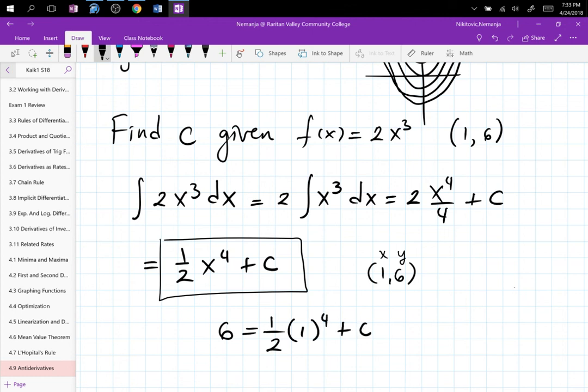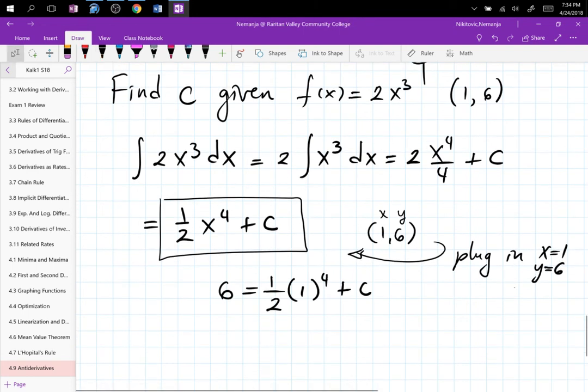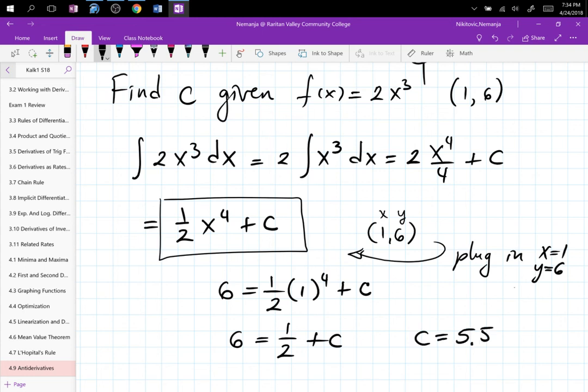So all I did is I plug in x equals 1, y equal to 6. Very simple. I get the equation below, and this equation contains only one variable, and that's the variable c. So now you have 6 is equal to 1/2 plus c, from where c is equal to 5.5.